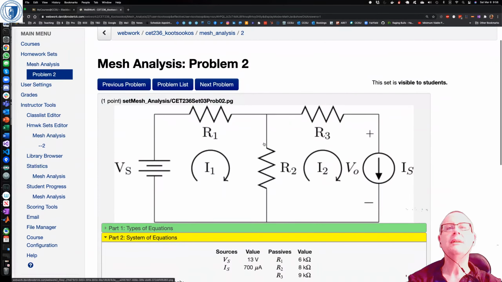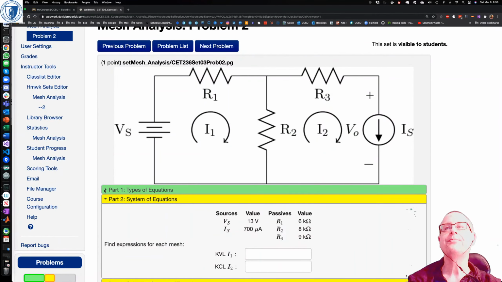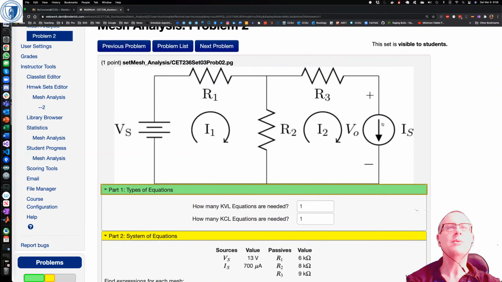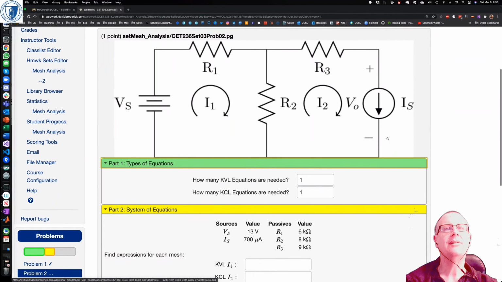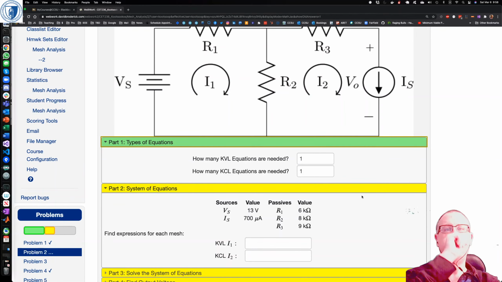Let's have a look at this one. Okay, so types of equations. Well, we've got a current source, so we can't form a KVL equation for I2. So we've got to do a KCL equation.